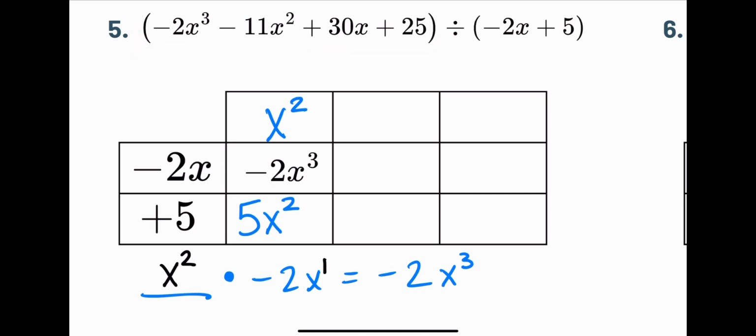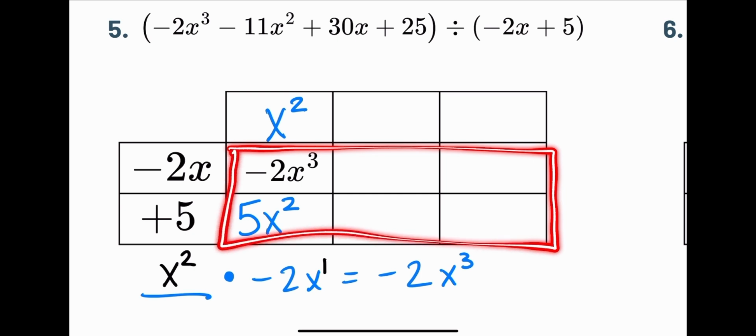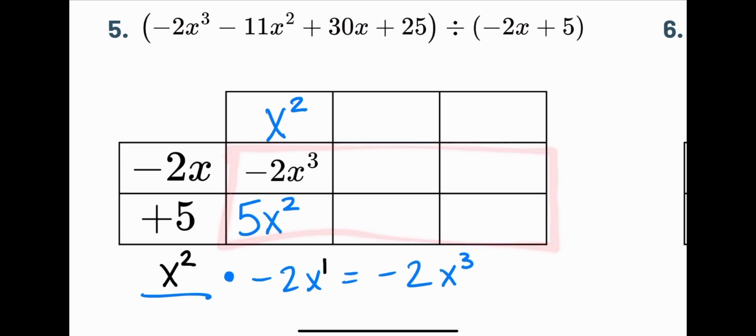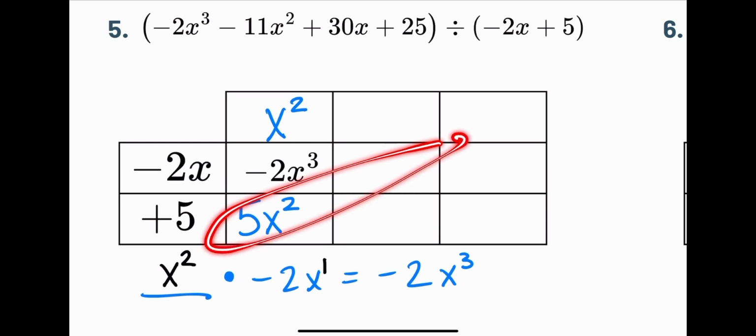And if you recall box method for multiplying polynomials, if this is not your first time seeing box method for multiplying polynomials, you know that inside the boxes, at some point, you're going to have to combine like terms. And normally when you combine like terms, the like terms are diagonal from each other.